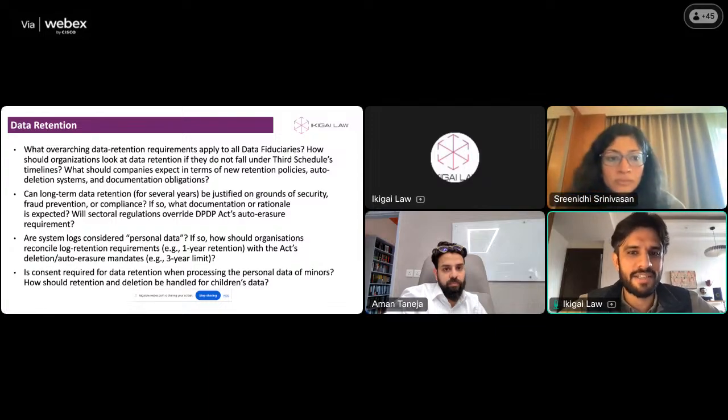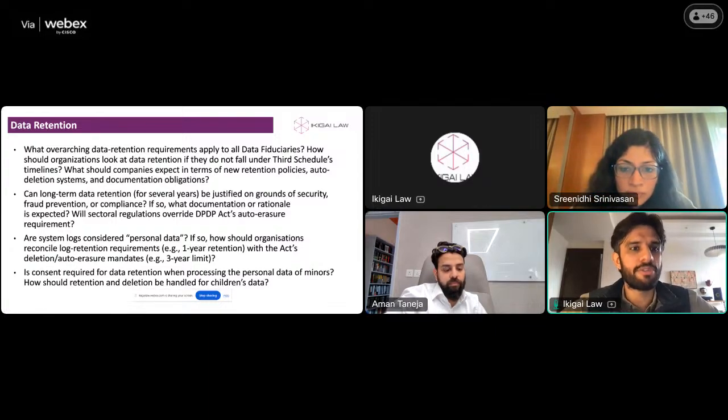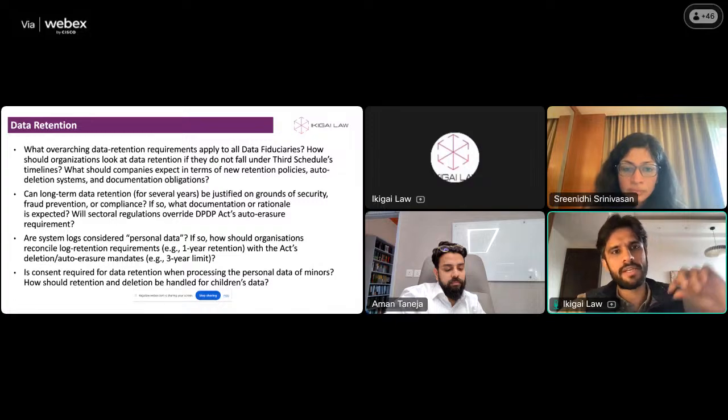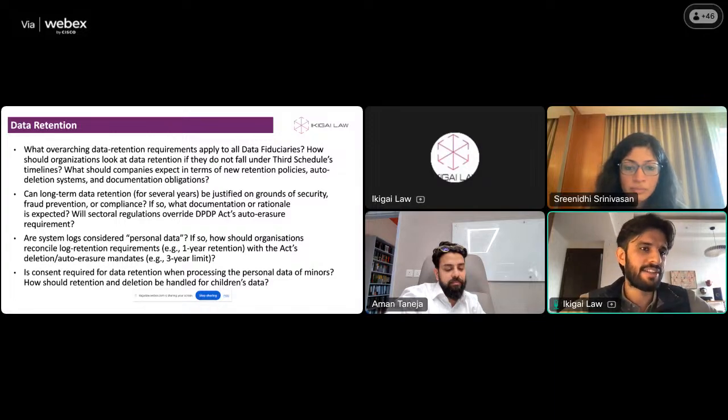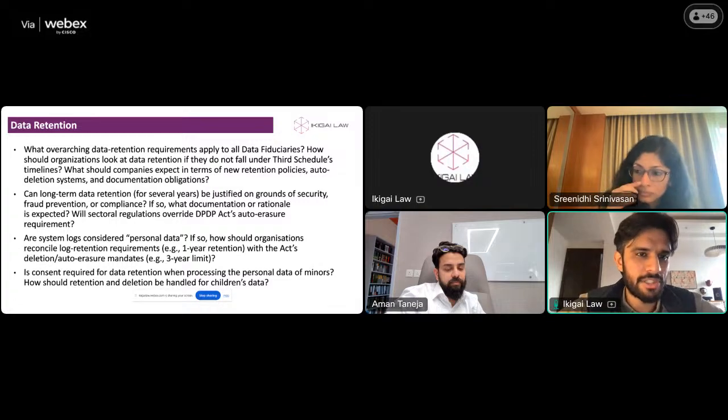Obviously, Section 8.7 says, do not retain data or erase data when the purpose is served, or when consent is withdrawn. You now have the third schedule that prescribes specific timelines for social media, gaming, e-commerce, 3 years from last contact. And now there's 8.3 as well, which gives you a floor of 1 year minimum retention for all data fiduciaries.